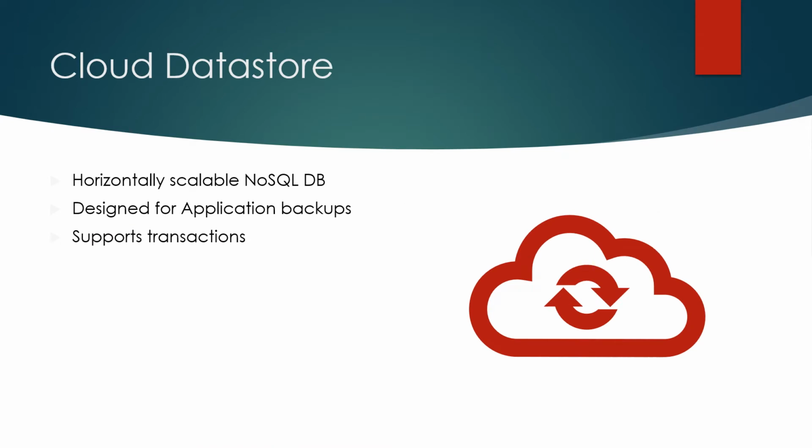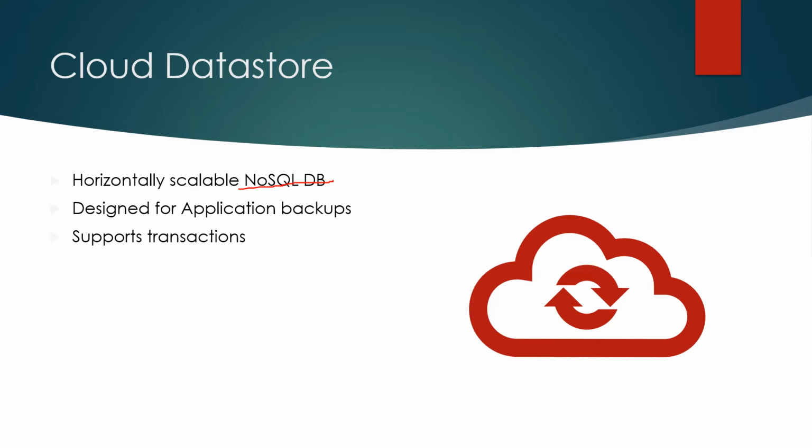The next storage offering that we are going to discuss is Cloud Datastore. This is again one more NoSQL DB offered in GCP. The difference between Cloud Datastore and Cloud Bigtable is that when you are dealing with petabytes of data, Bigtable is the most preferred approach, and when you are dealing with terabytes of data, Cloud Datastore is more preferred.